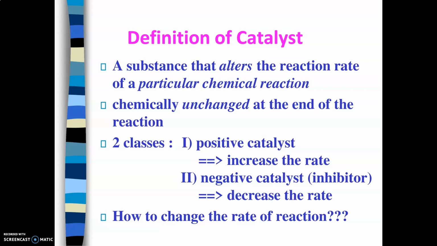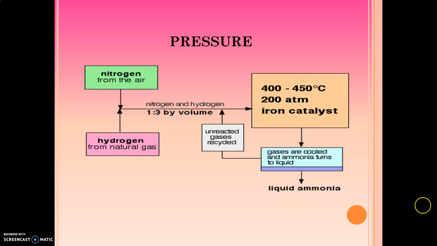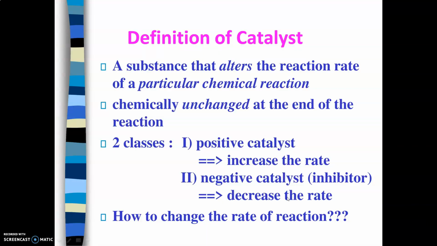Another very good example I have told you is iron as a catalyst in the previous slide for making ammonia. Correct? This is a catalytic promoter. A positive catalyst can also be called a catalytic promoter. Now a negative catalyst is the opposite of positive.